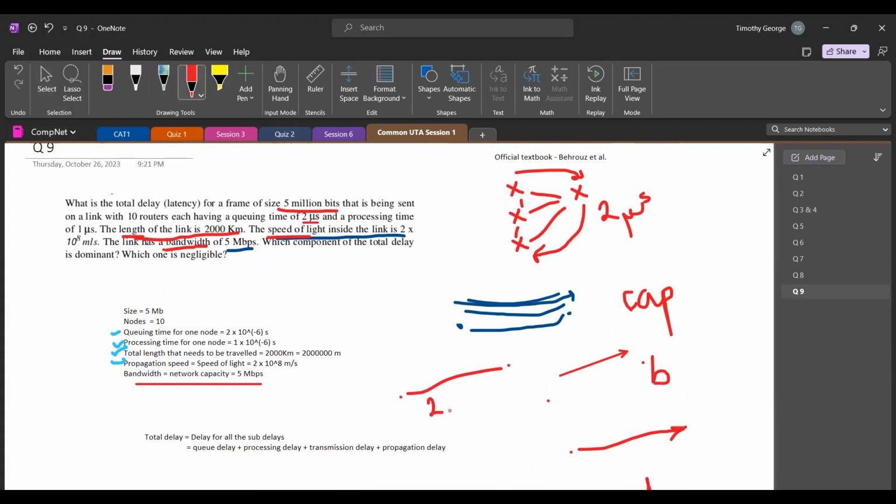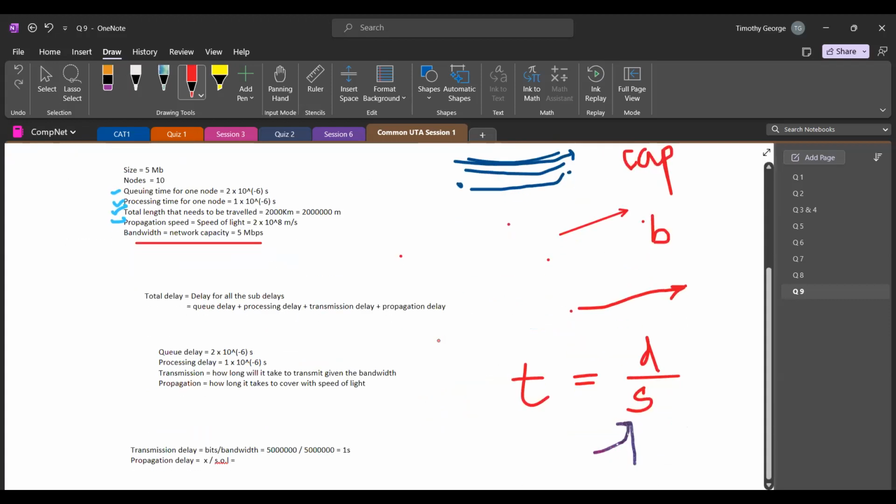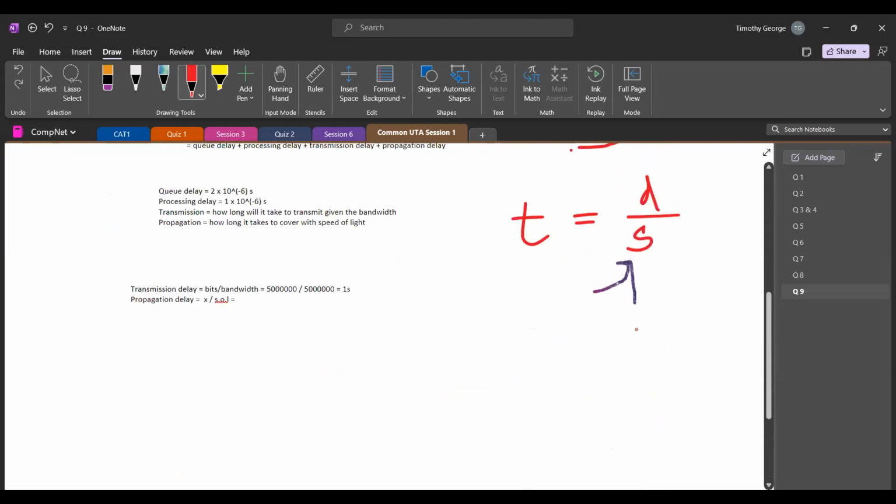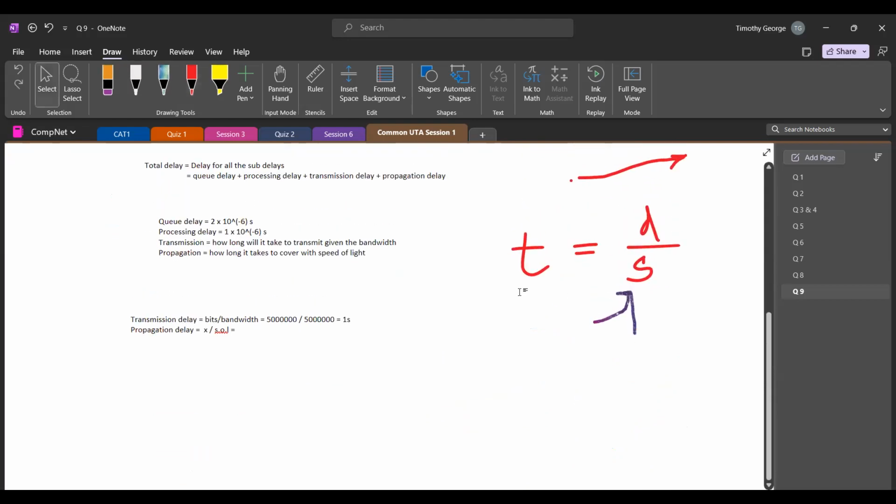Kilometers, so you can write megameters. 2000. So x is going to be length, or in general any length of anything you choose. That will be whatever's given divided by speed of light.